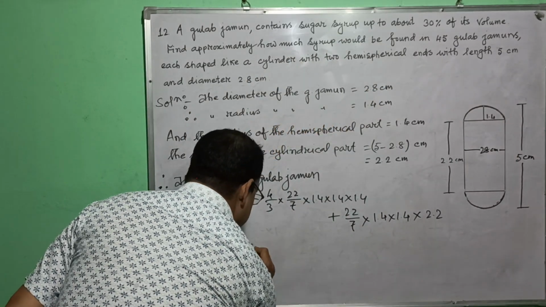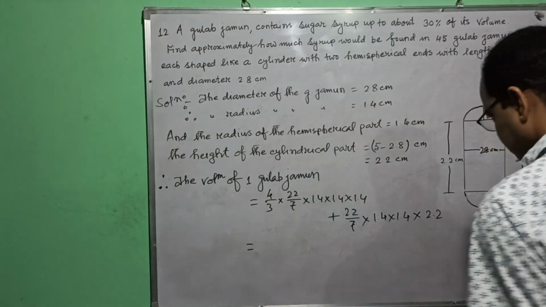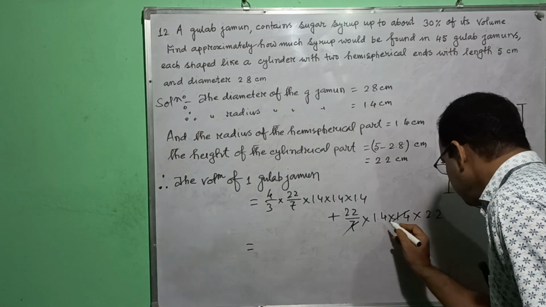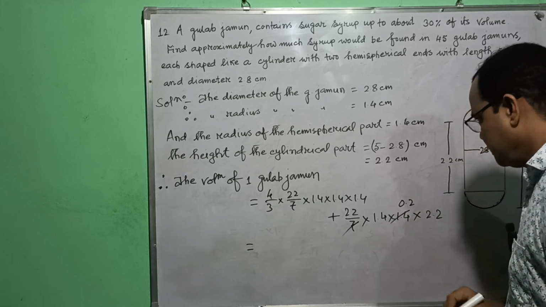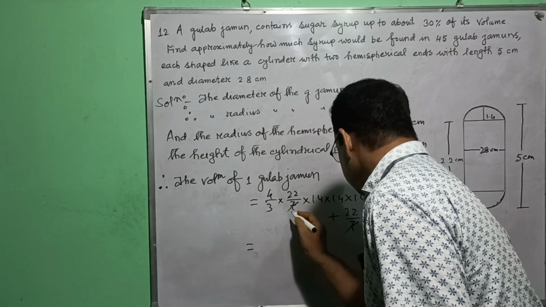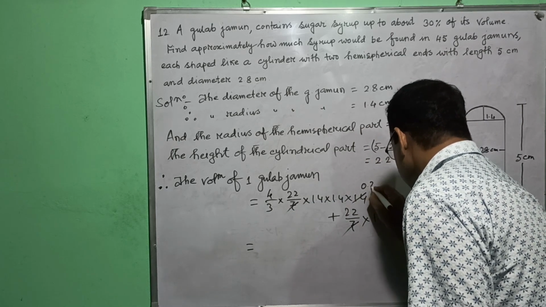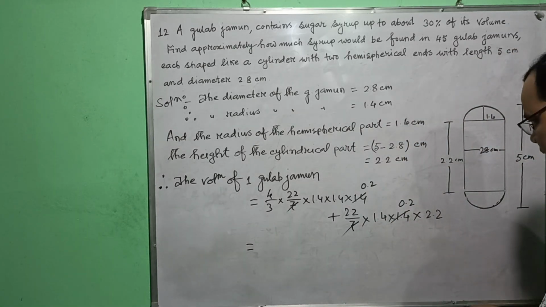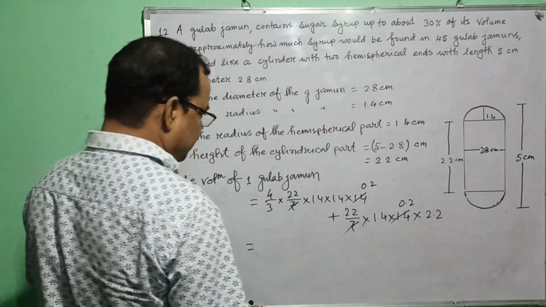So, if we calculate it, we can see here it is divisible. We can divide it. It is 0.2. Here also 7, and that one. Here it is 0.2. Is there any other divisible things? No, there is no any other divisible. We can just multiply.